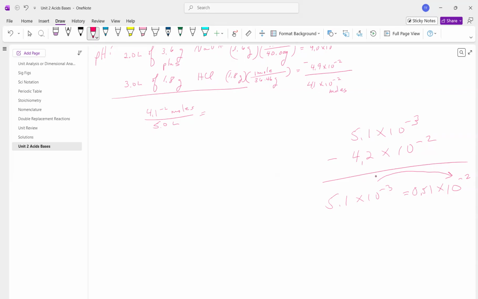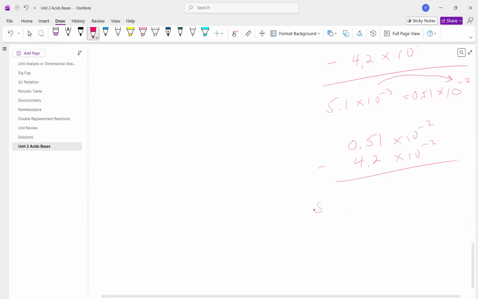Okay, so what we end up with is, now we can subtract. We couldn't subtract until both the exponents are the same. You could have done -3. Let's do it to -3. It really doesn't matter.